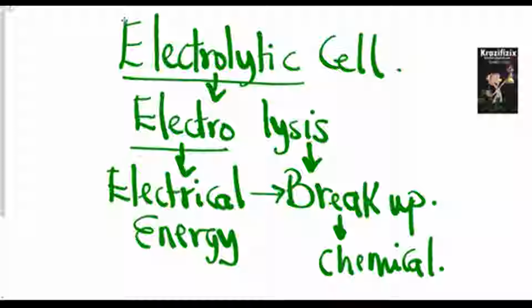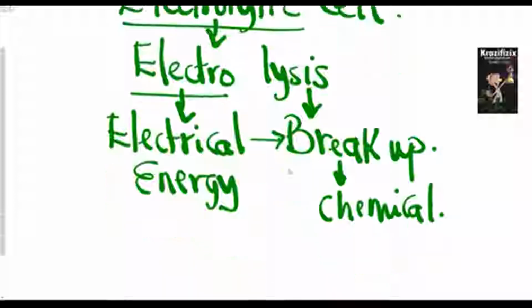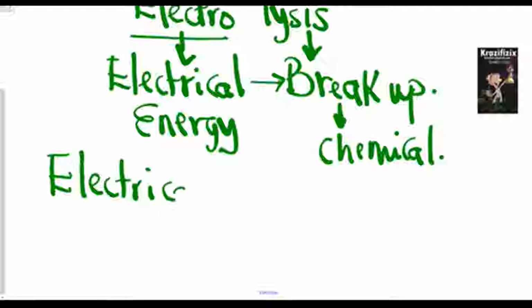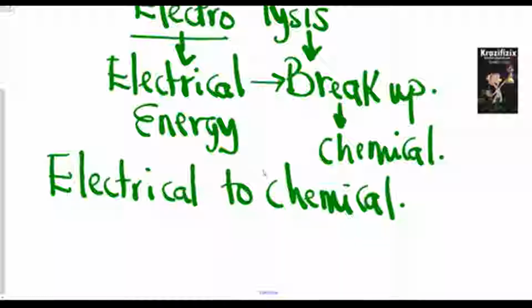So in simple terms, we are dealing with the conversion of energy from electrical to chemical. In galvanic, we said we're moving from chemical to electrical.